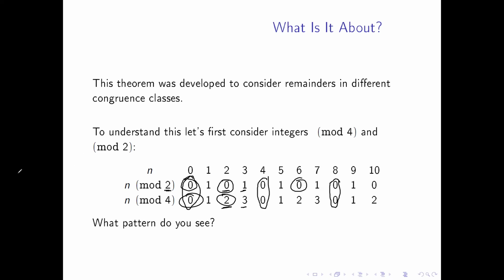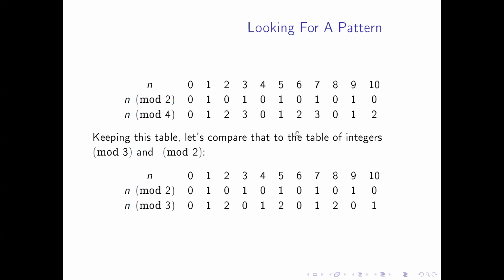That's great. But what happens if we have something a little bit different? For instance, what if we have this? I'm keeping the top table and swapping out the bottom table. We have 2 and 3 because 2 and 3 have no common factors, whereas 2 and 4 obviously do.